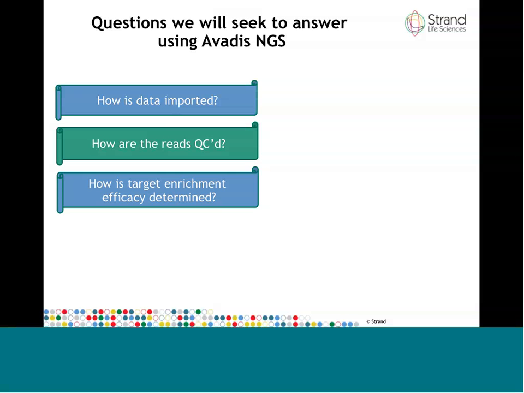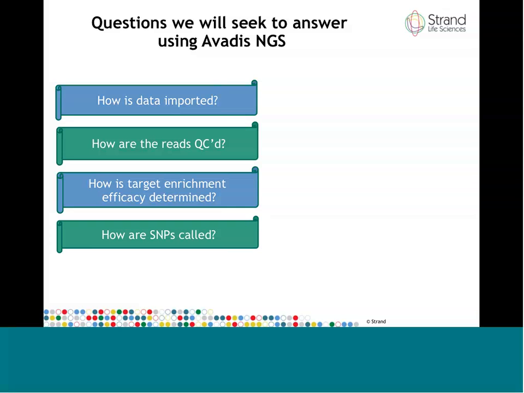And once you've done that, you could either be doing a whole genome experiment, or a more targeted resequencing experiment where you're sequencing only targeted regions of the genome, typically through a target enrichment method like SureSelect. So how do you determine the efficacy of this target enrichment? Once you've done that, you're ready to call variants in the genome. So how are SNPs called in Avadis NGS?